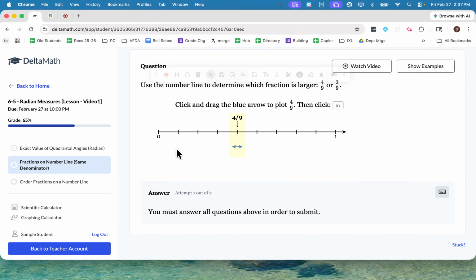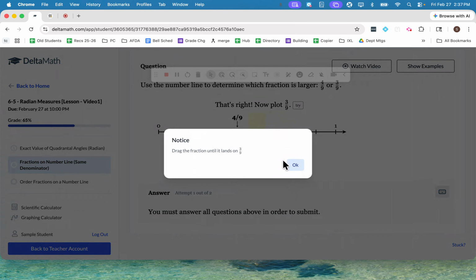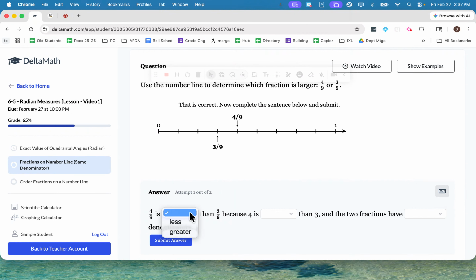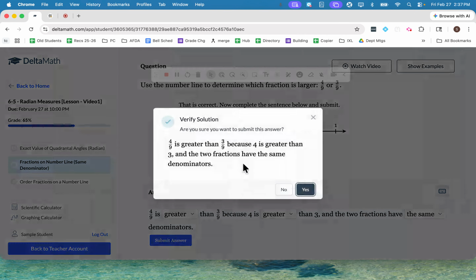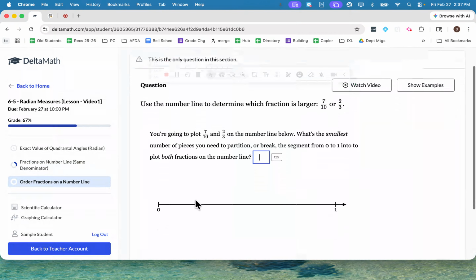Here's 4/9, and this is 3/9. I'm comparing these two. 4/9 is greater than 3/9 because 4 is greater than 3. The two fractions have the same denominators. You can compare two fractions when they have the same denominator. That's the whole point.